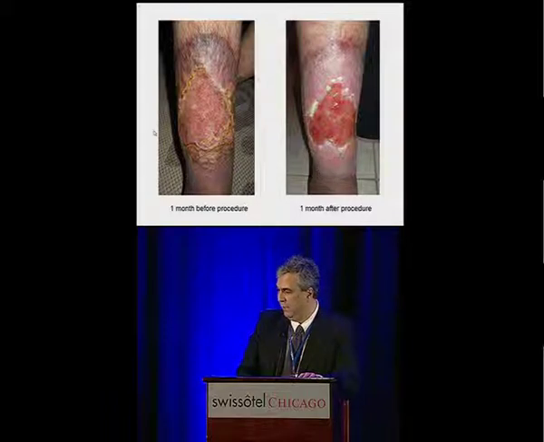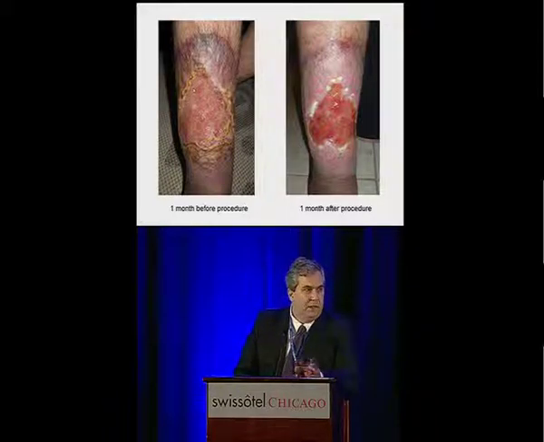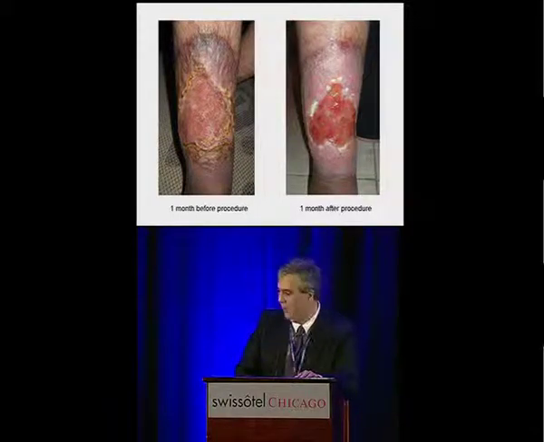He had 11 years of DVT and this open ulcer that he tried to treat for 11 years with combining skin implants and all kinds of dressings that you can imagine.